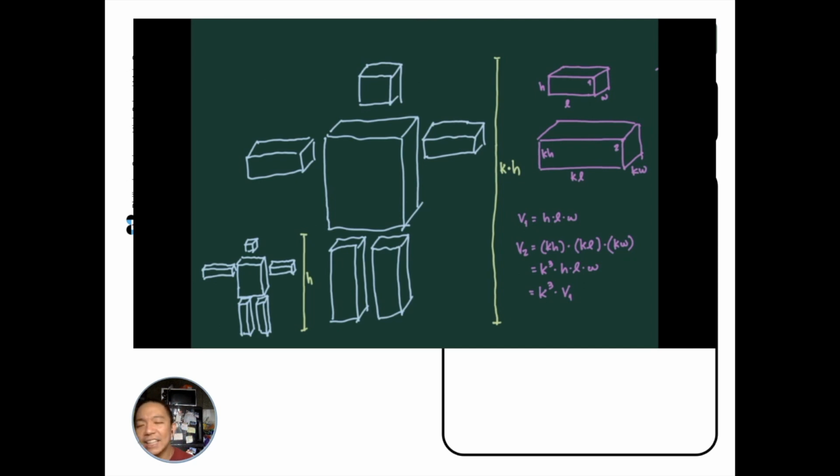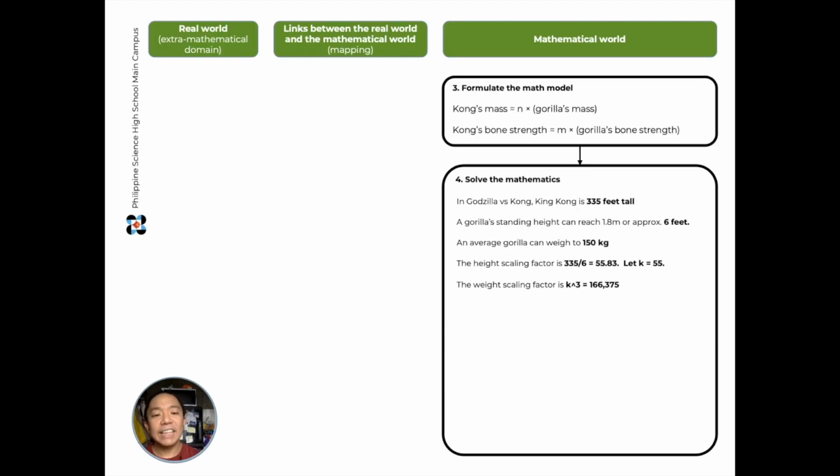And since we made the assumption that the density of King Kong and a gorilla will be the same, that means yung mass ni gorilla at yung mass ni King Kong, ang scaling factor din natin ay k cube. So, ang scaling ng weight or mass ni King Kong is k cube, and k is 55. So, 55 cubed is 166,375.